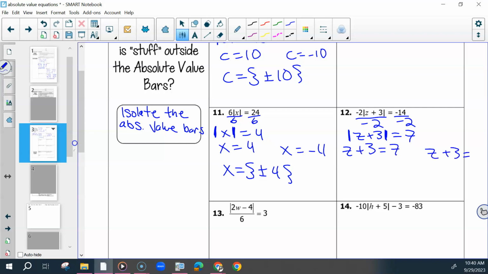The order in which you put that does not matter. I just always write positive to negative. Okay. And then you can solve for z by subtracting. We would have z equals negative 10 and 4.